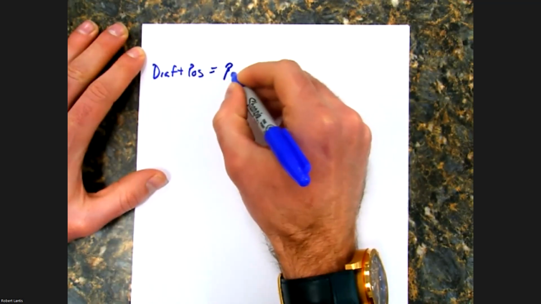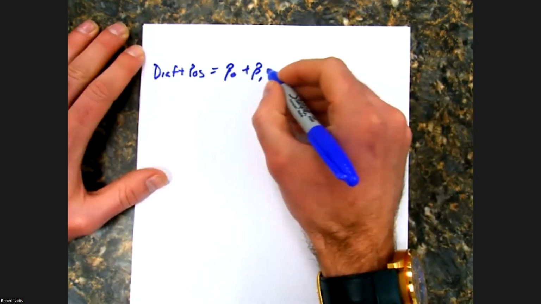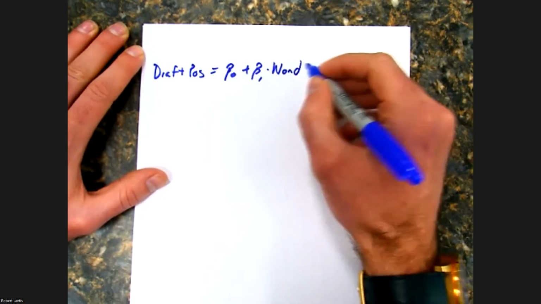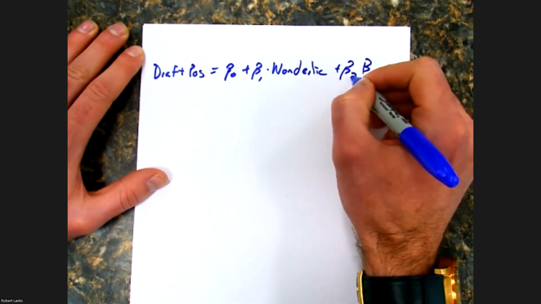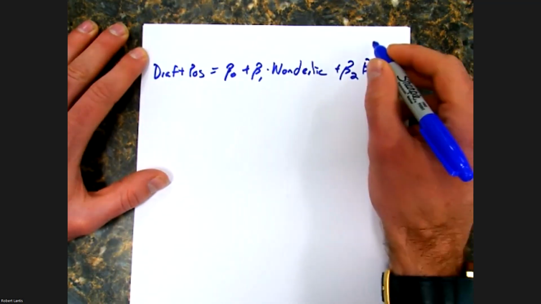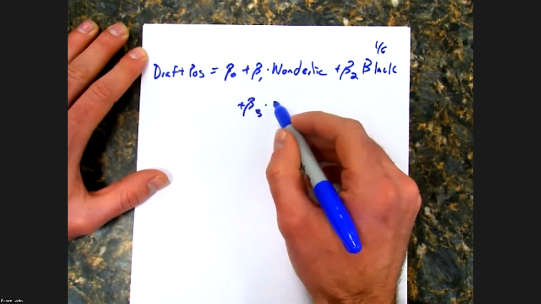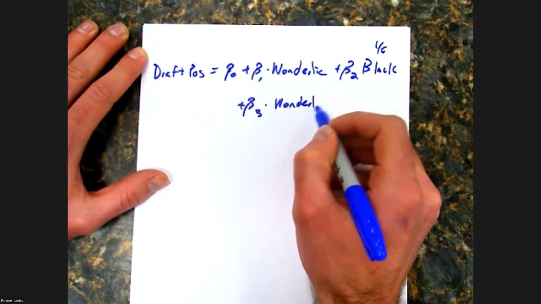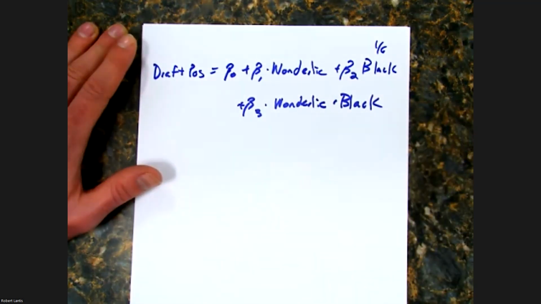I always just say keep it beta and then number them. But here we had that Wonderlic score, whether or not the player was black, which is just a 1-0 variable, and then this interaction term with what their score was on that test and that 1-0 variable.